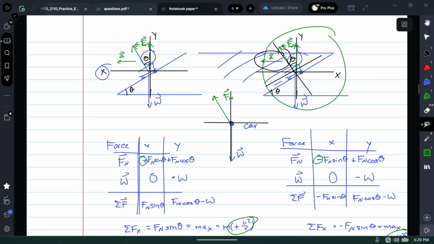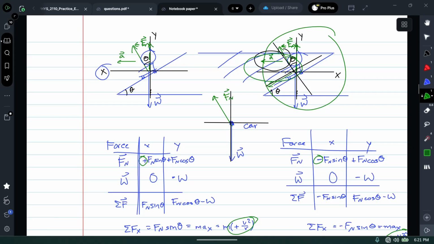So picking your axes appropriately can let you solve it based on the information you have available, but that's just because the numbers are suited for a particular set of axes, not because nature cares in any way what the axes are. So long story short, I chose the axes straight up and down because the centripetal acceleration is to the left. It's not down the ramp.